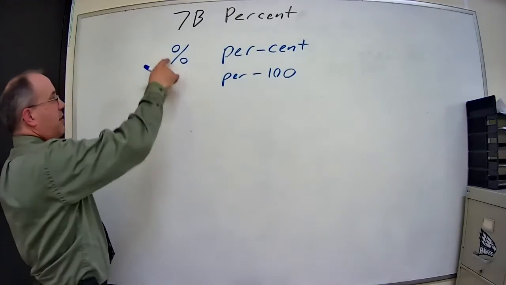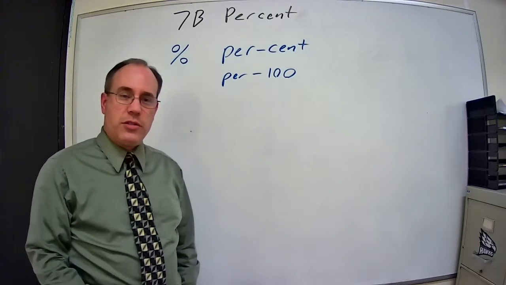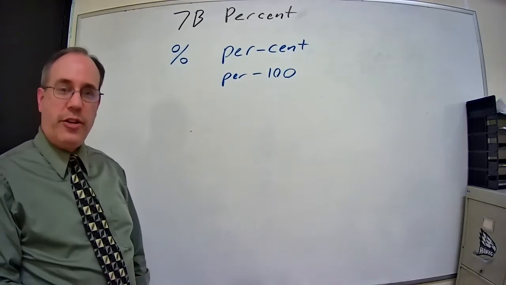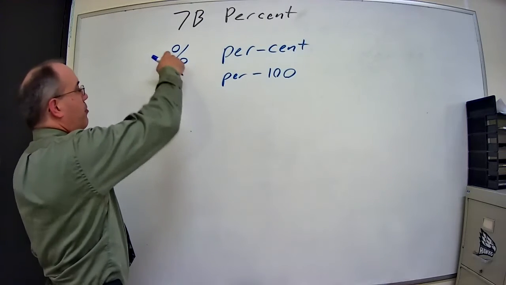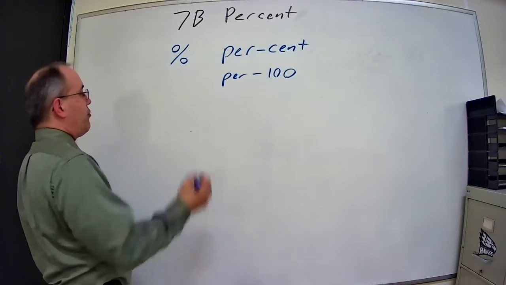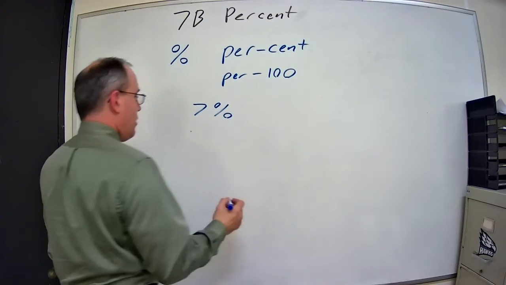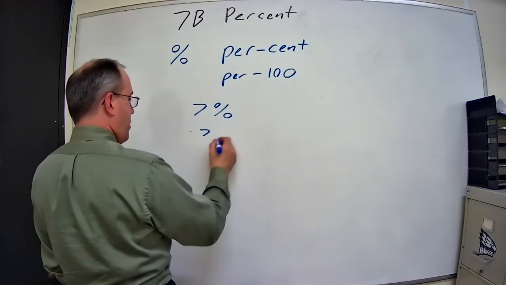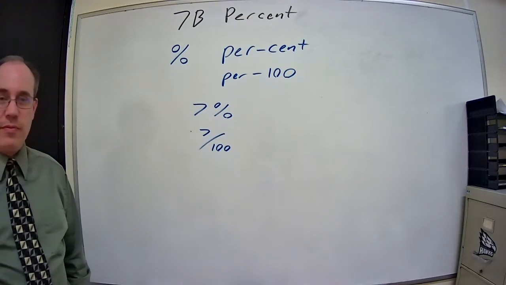Now, if you look at this percent symbol here, it looks kind of like a fraction. Percent, per 100. So if you have 7%, that's 7 per 100.